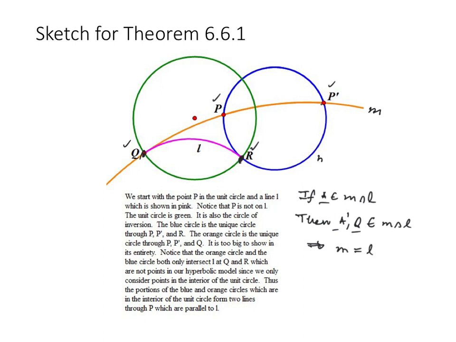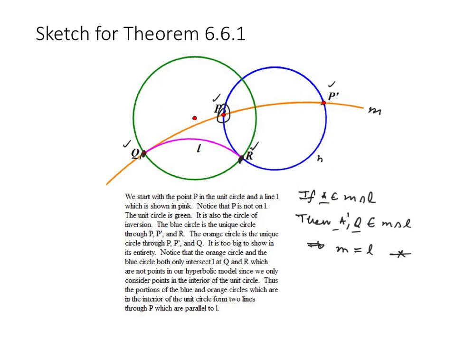But that's a contradiction because, remember, P here is a point on circle M, but it is not a point on circle L. So that means that these two hyperbolic lines determined by circles M and L cannot intersect.